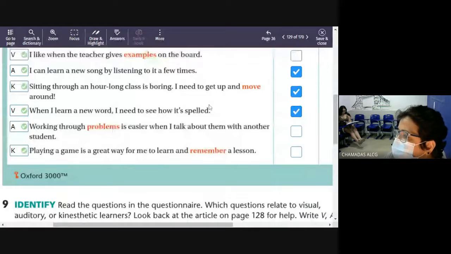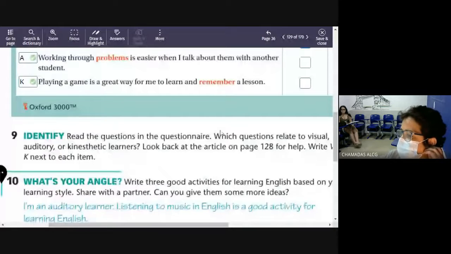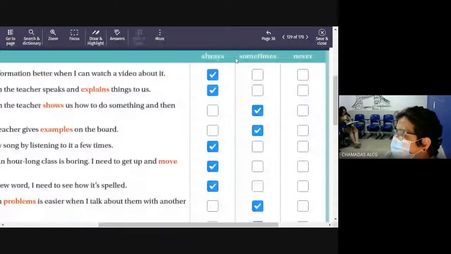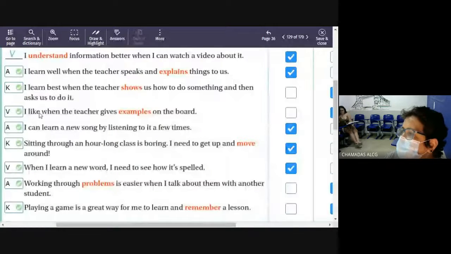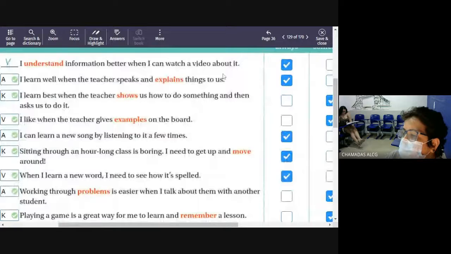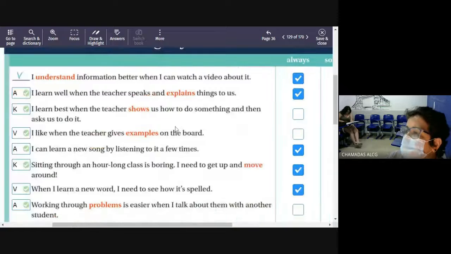All right, now look back at the article on page 128 and write V, A, or K next to each item. So we have already corrected that. Now here, count the number of answers you got and try to see if you are more visual or auditory or kinesthetic, because here you have the V, look. So how many always answers did you give for visual learning style?